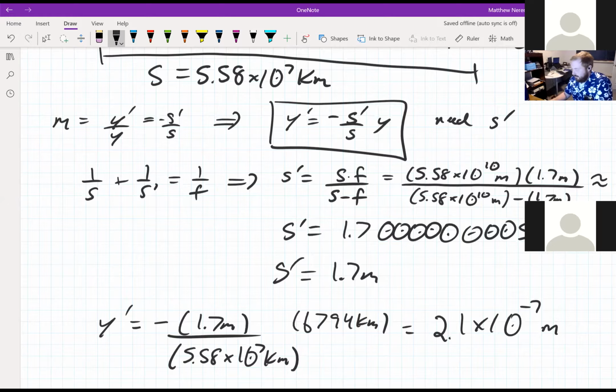Oh, I see it. That's in meters. So if I just convert that into meters as well, it was a unit error. Let's see, that's 0.21 millimeters.